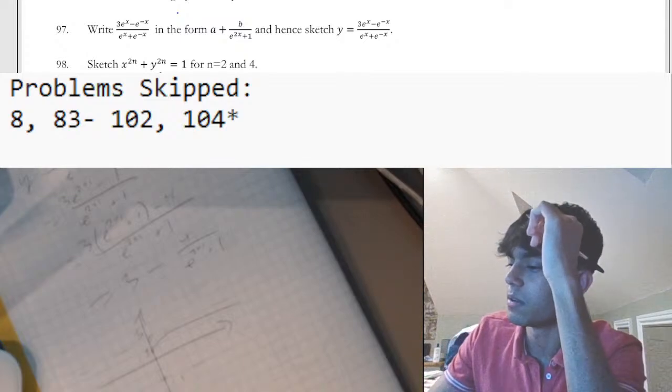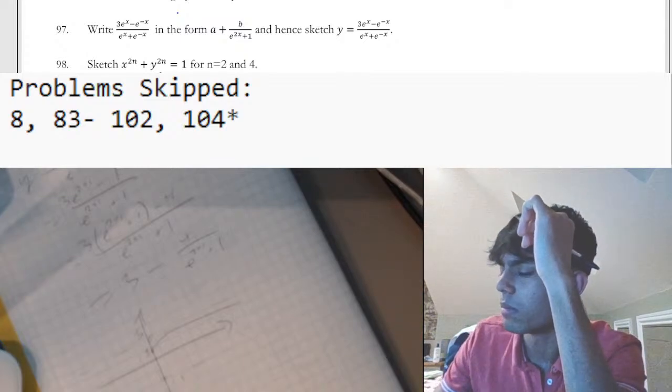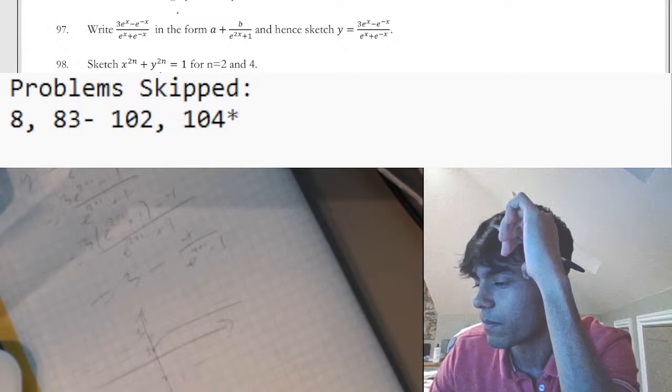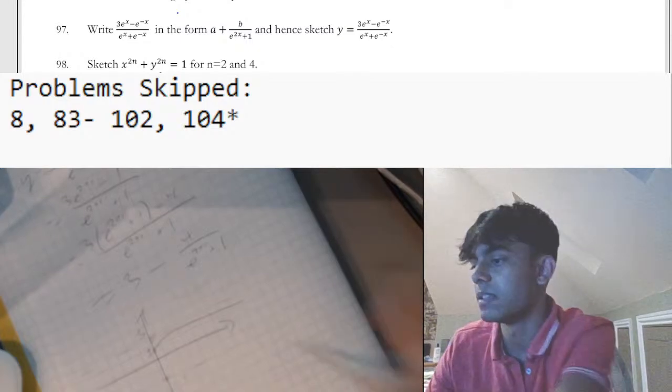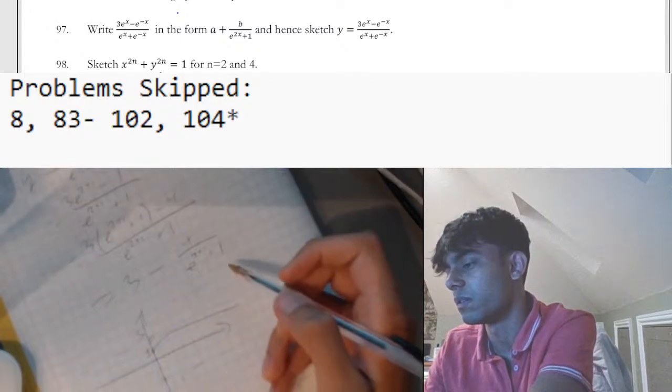So when you plug x as 0, you get minus 1. Wait. When you plug x as 0, you get 1. As x tends to minus infinity, this thing vanishes, so you go to minus 1.